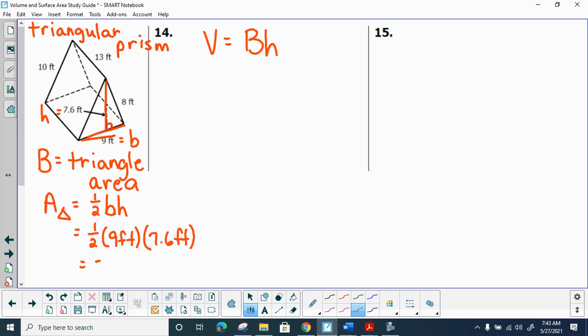And we have 34.2 square feet, the area of one of those triangles. Okay, so that's what we're going to use for the capital B.